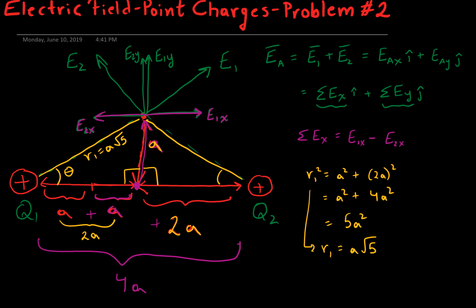So this angle must also be the same, theta. Therefore, r2 is equal to a times the square root of 5. So r1 is equal to r2. So now we know what those two side lengths are. So I'm just going to write this a bit nicer.